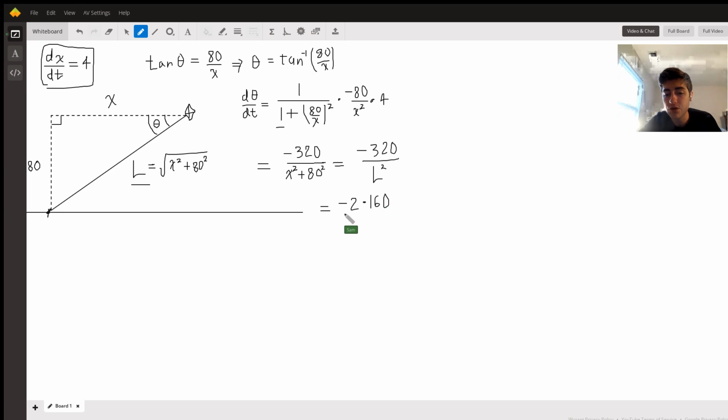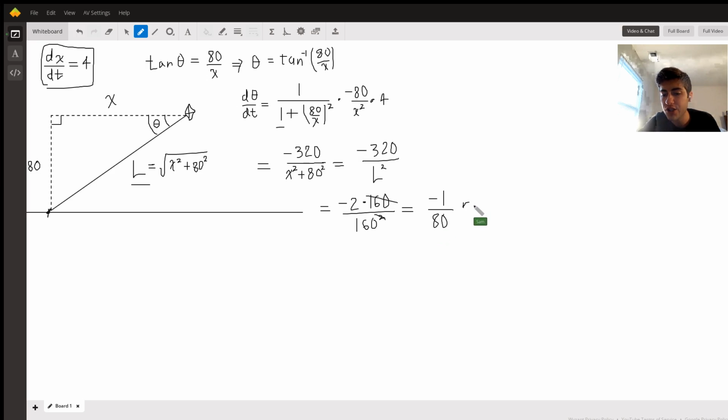And since the length of the string at this moment is 160, we can put 160 squared in the denominator. And now the simplifications are easy as pie. We simply cancel one of those 160s with a 160 in the denominator, and we're left with negative 2 divided by 160, which leaves us with a final answer of negative 1 over 80 radians per second.